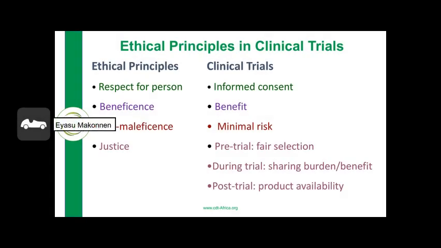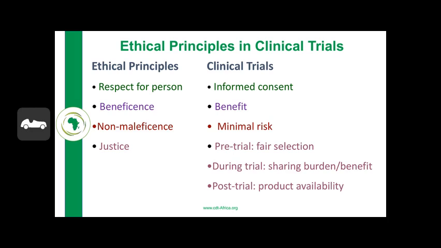The three ethical principles, sometimes four, when we split beneficence and non-maleficence into two, could be applied in clinical trials. Let's see how these principles could be applied in clinical trials. The first principle, respect for person, is applied through informed consent.